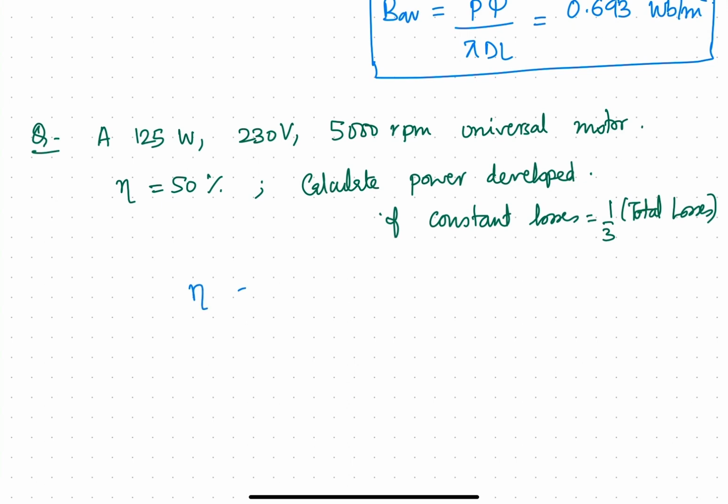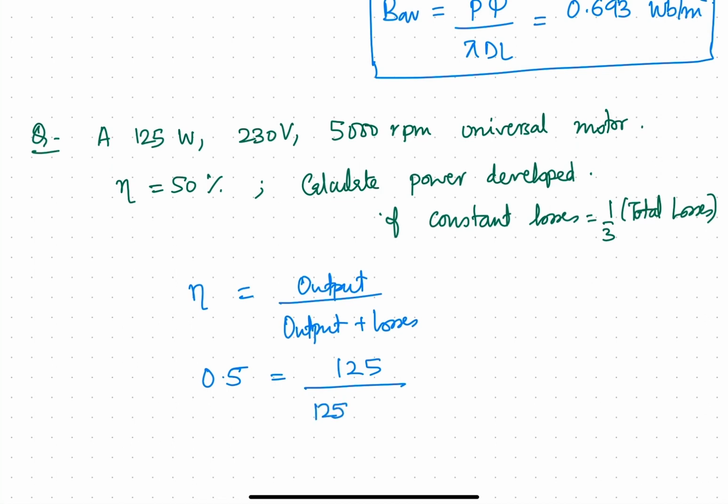We know that the efficiency is output power divided by output power plus losses, right? So if this is 0.5 and my output power is 125, then 125 plus losses, this is the total losses.